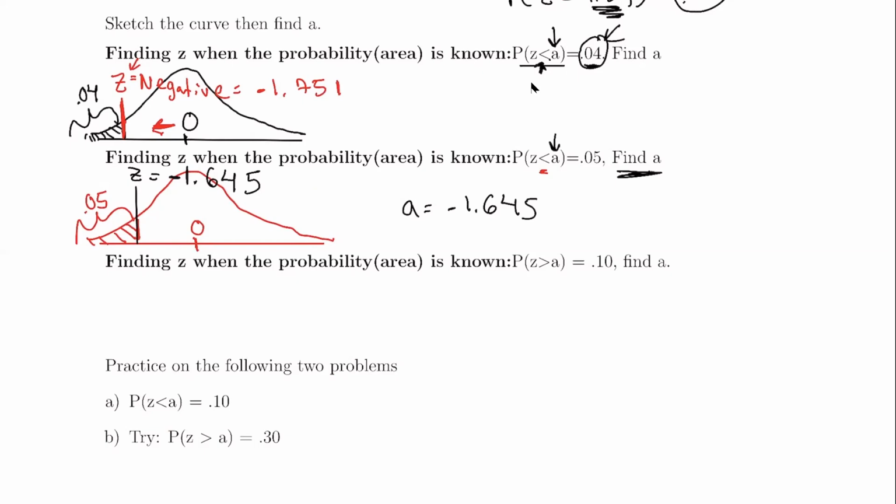Since it has the A right there as just a holder, we could put A has to be negative 1.645, because if you substitute A in, you get that. I see. So we would just write a equals, not the probability. No, because for this one, we don't care about the probability because we already know the probability of 0.05. We only care about what that A value has to be in order to capture 0.05. Gotcha. Okay. Yeah, good question.